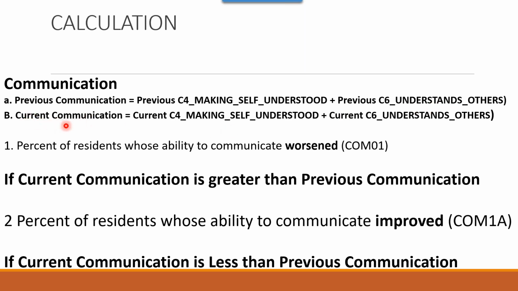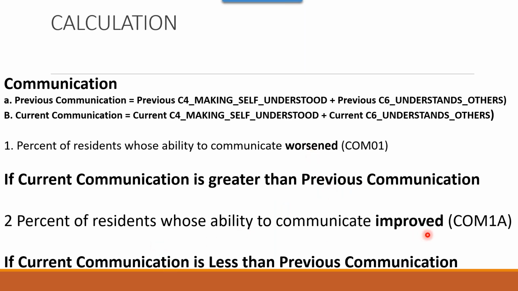We also take the current assessment and add up the same 2 items, again, to get 0 to 6 on that scale. And so here where we're calculating worsened, of course, if your current score is greater than your previous score, then you're going to trigger this particular indicator. So that's the worsened. Okay, you've had a decline.